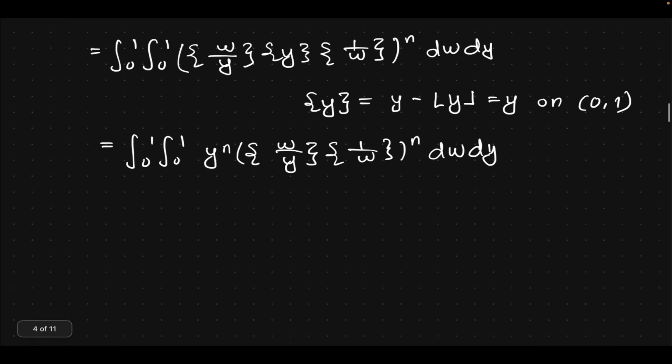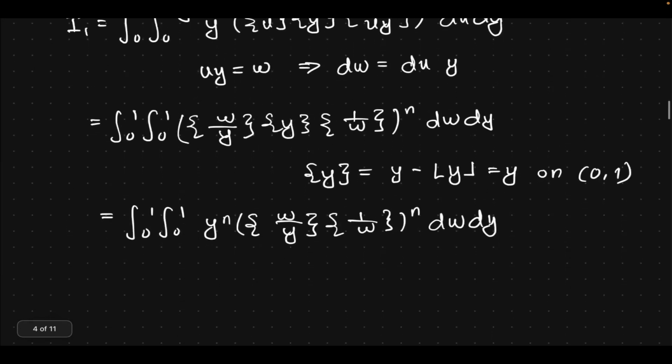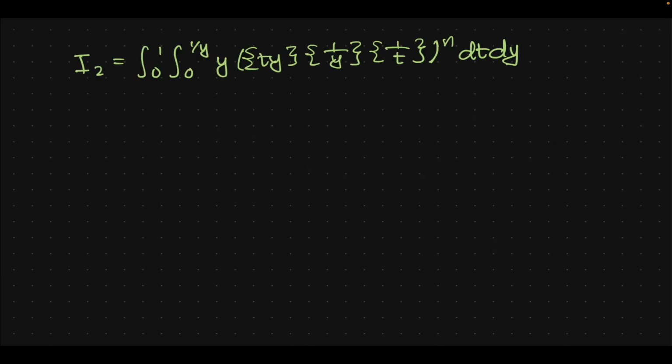Now we have to do a similar kind of thing for I2. I've written I2 for your convenience again. Now we use the substitution py is z, again getting rid of those complex terms.